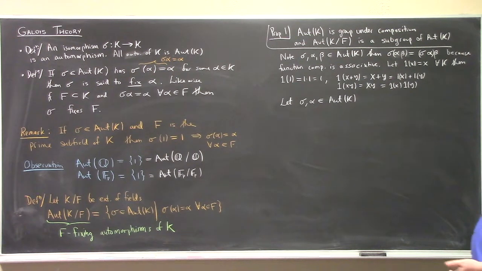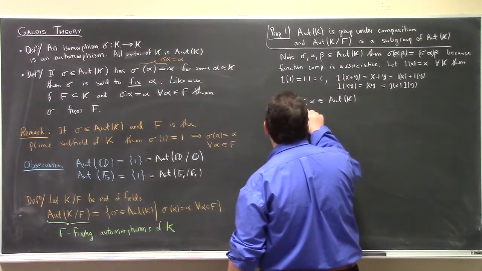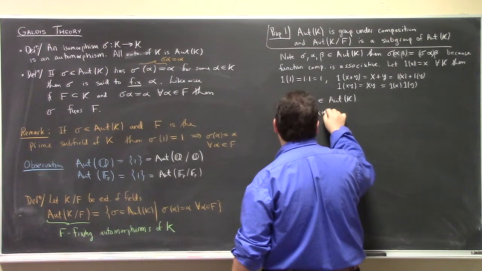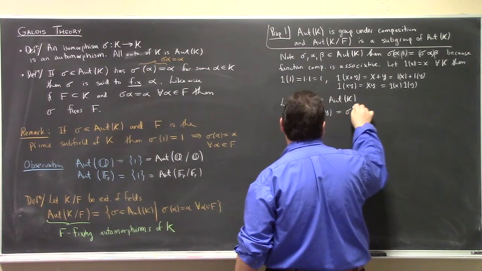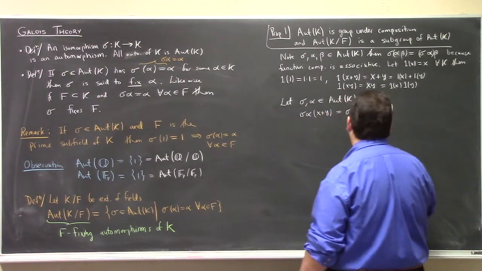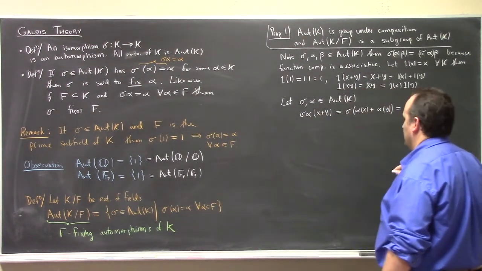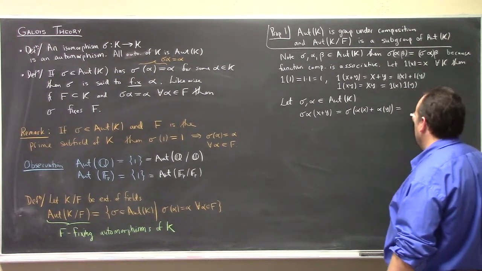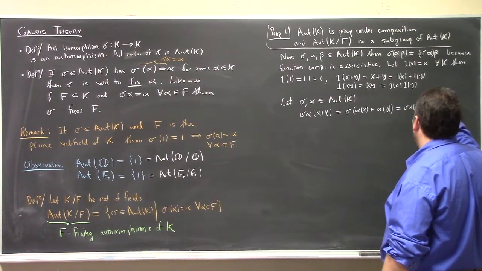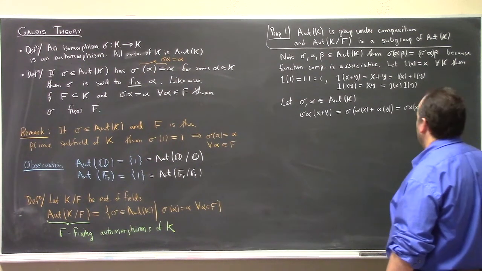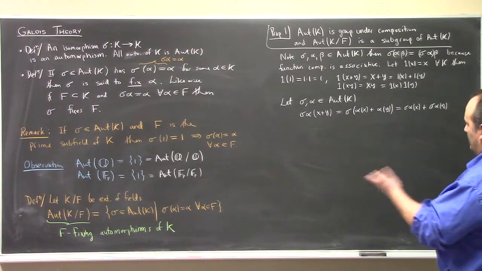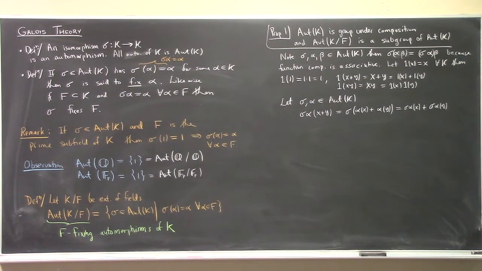So if sigma and alpha are in Aut K, and we look at sigma alpha of x plus y, we get sigma of alpha of x plus alpha of y, using that alpha is an isomorphism, which is then sigma alpha of x plus sigma alpha of y, using that sigma is a homomorphism. So there you have it. Sigma alpha is additive, right?